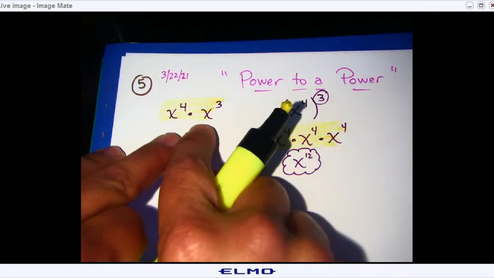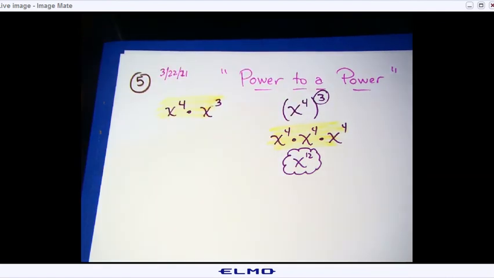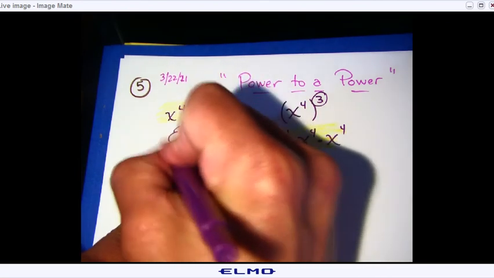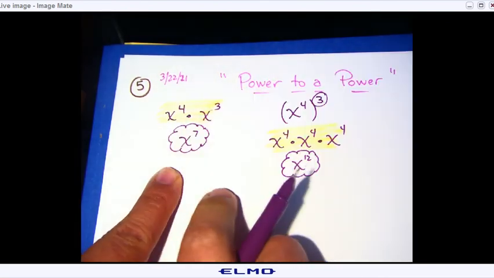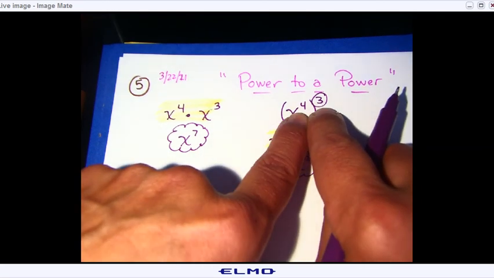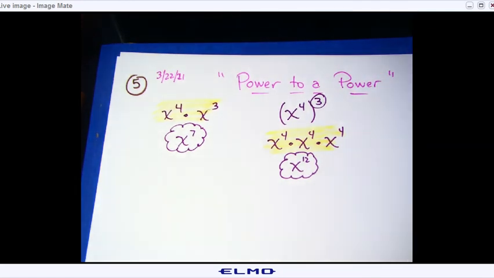So we're going to ask ourselves, well, how many x's are there? Oh, wait, there's 7 of them. There's 7. So notice the difference, right? This is the power to a power. So it's x to the 4th raised to the 3rd power. So it's going to be even bigger, right?